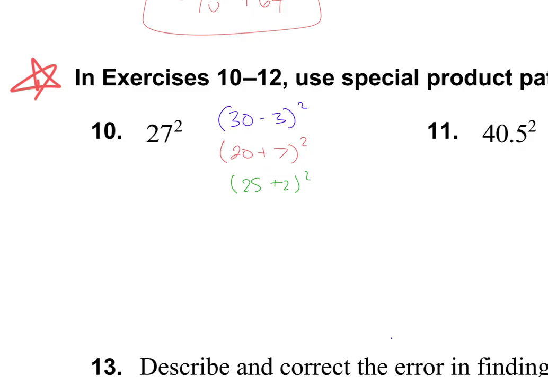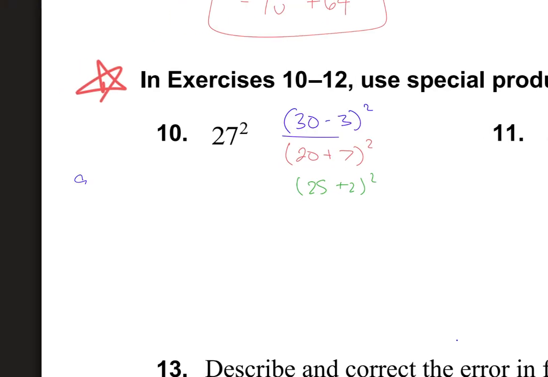So let me do the blue one. Let's do this one. Since it's subtraction, it's going to be like this: a squared minus 2ab plus b squared. So we get 30 squared minus 2 times 30 times 3 plus 3 squared. So this is 900.